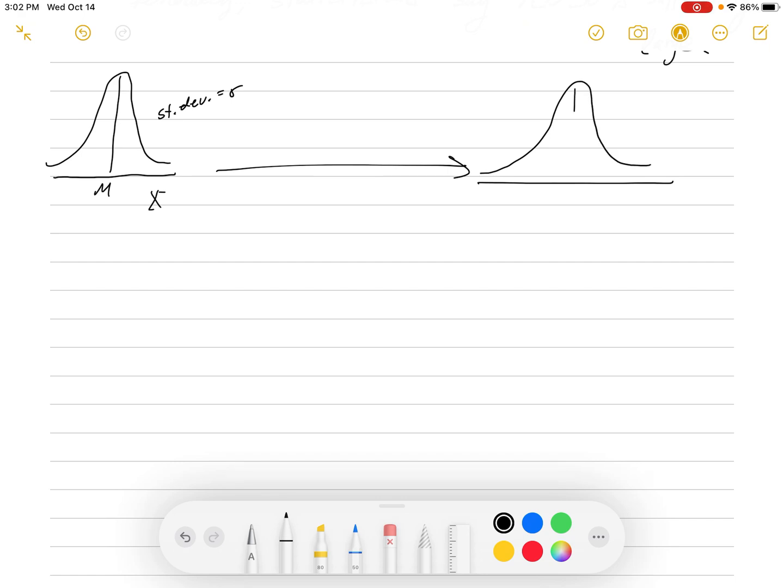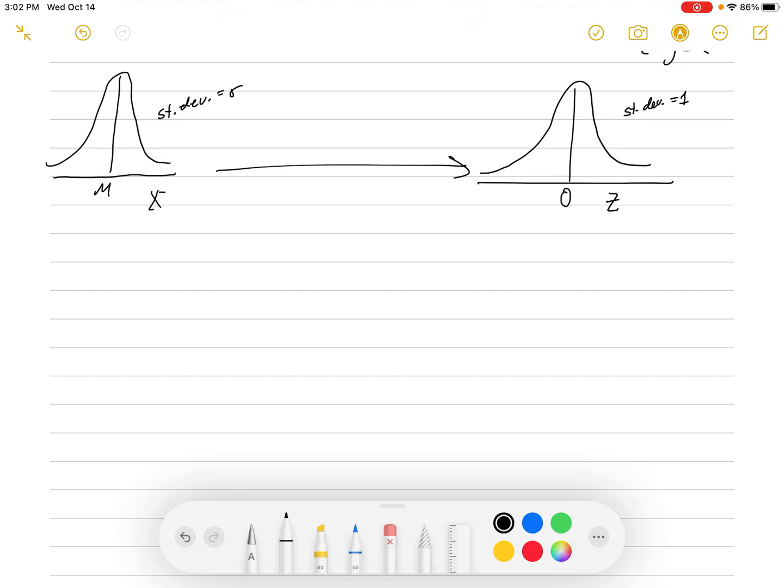So it was bell-shaped, right? So mu got converted over to 0. X got converted over to z, and the standard deviation got converted over to 1.